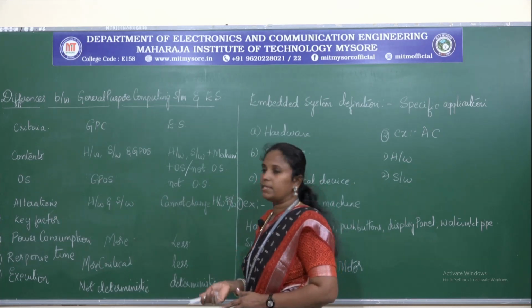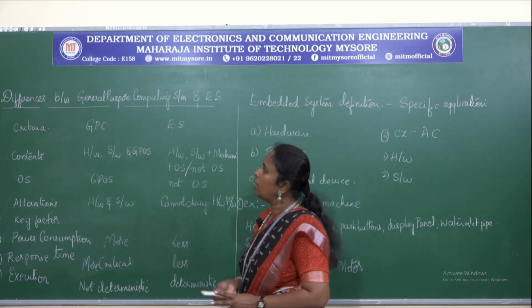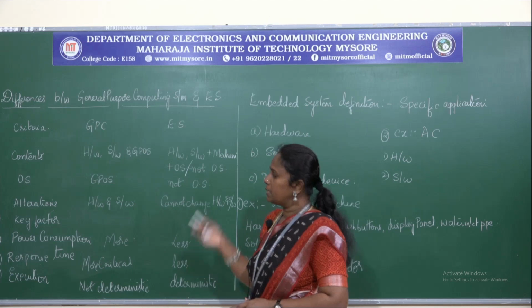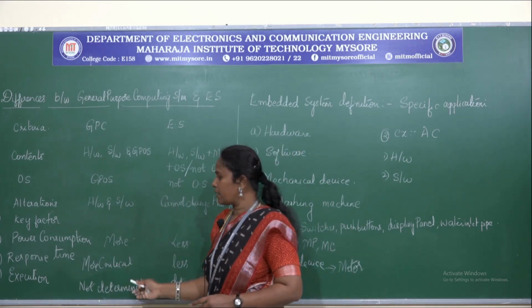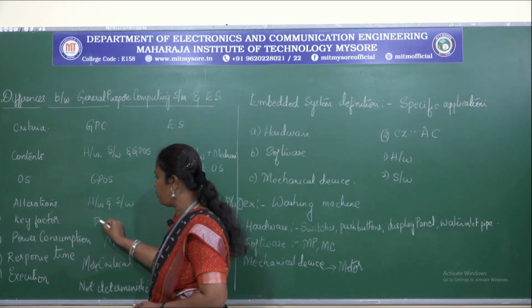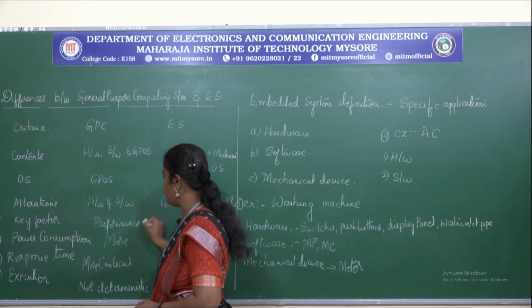So, these are the criteria on which we are going to distinguish your embedded system from your general purpose computing system: contents, operating system, alterations, key factor. In the key factor, as I told, it is performance, like what is its speed and its accuracy level.